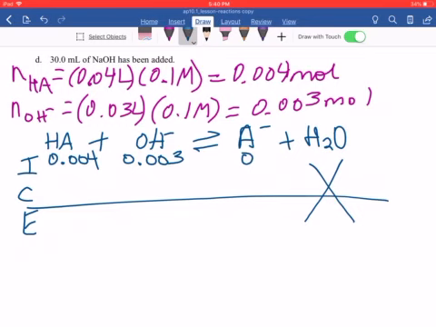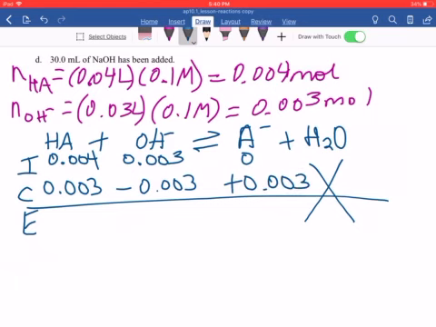The one that is smaller gets subtracted on the left side, and 0.003 is smaller. So we subtract that from both of those and add it to the right-hand side because products are being made, not destroyed. Acetate would be 0.003 moles. Hydroxide is still our limiting reactant because it's canceling out to 0, and our acetic acid is 0.001 moles.